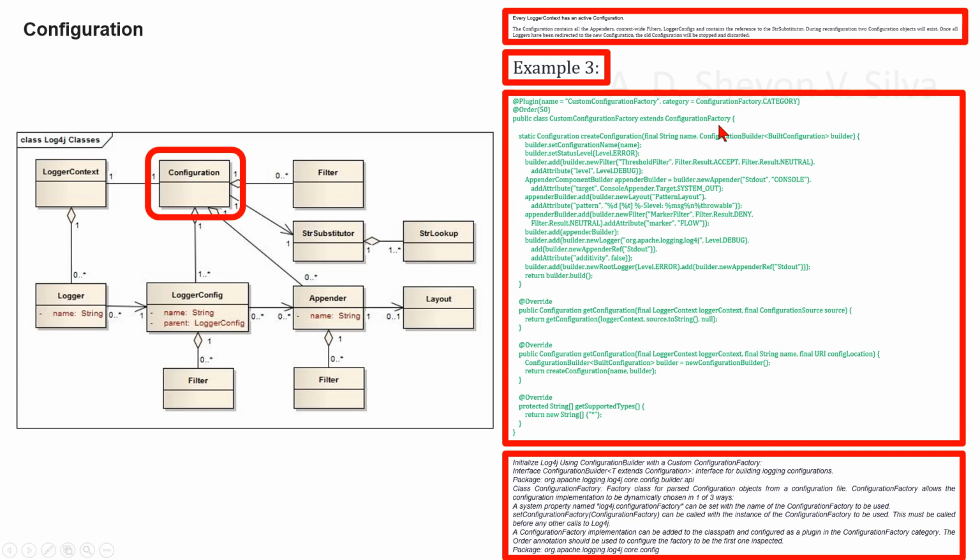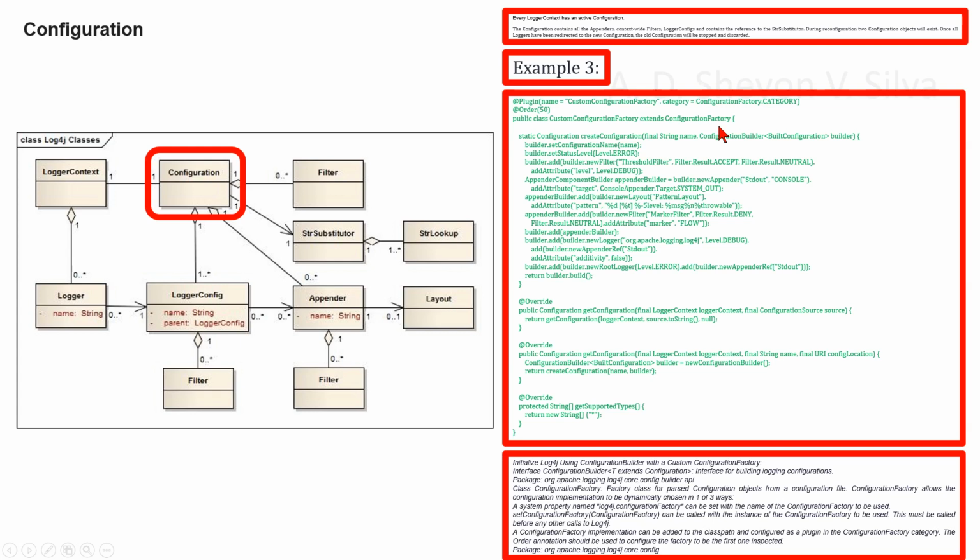Here the class ConfigurationFactory is the factory class for parsing a configuration object from a configuration file. ConfigurationFactory allows the configuration implementation to be dynamically chosen in one of three ways. A system property named log4j.configurationFactory can be set with the name of the ConfigurationFactory to be used, or setConfigurationFactory can be called with the instance of the ConfigurationFactory to be used.